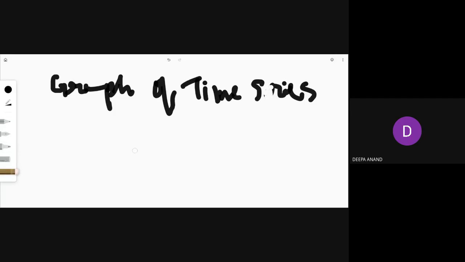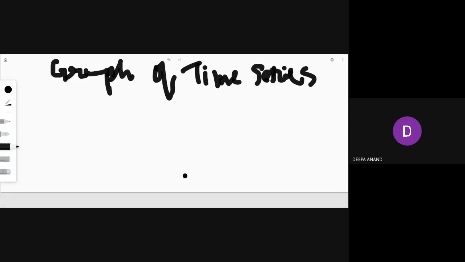So a variable at different points of time depicted in the graph is known as time series. You write: the values of a variable at different points of time.